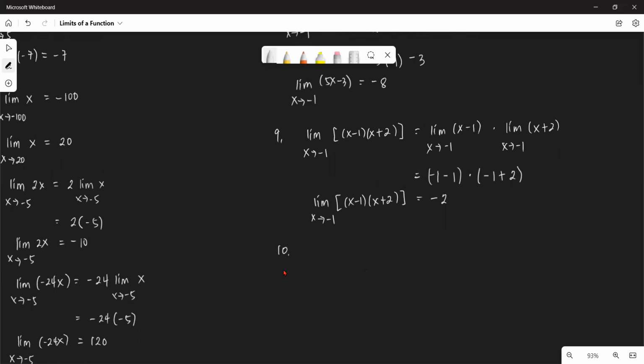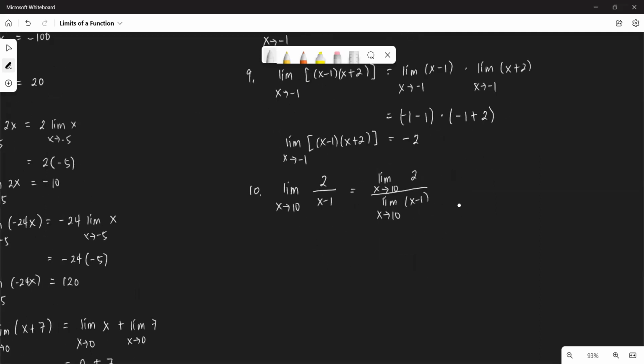So now using another property, what if we are dividing two functions? Let's say limit of 2 over x minus 1 as x approaches 10. So limit of the numerator of the fraction, you divide it by the limit of the denominator, x minus 1 as x approaches 10.